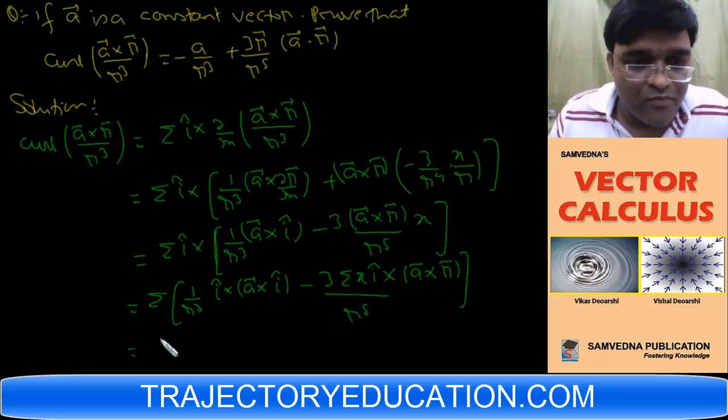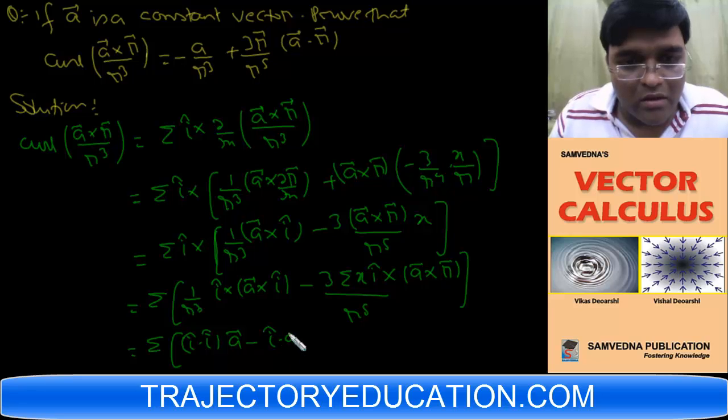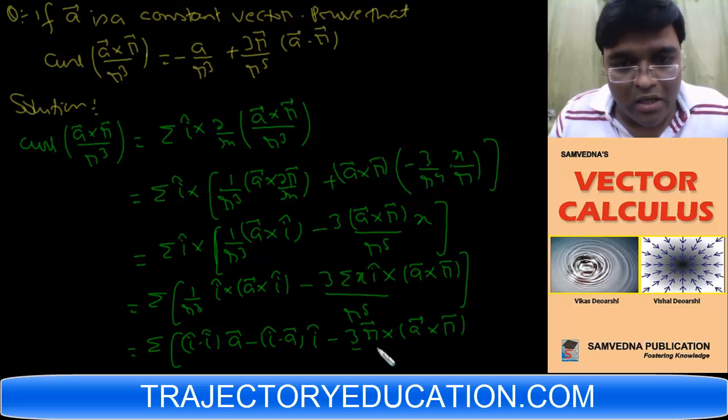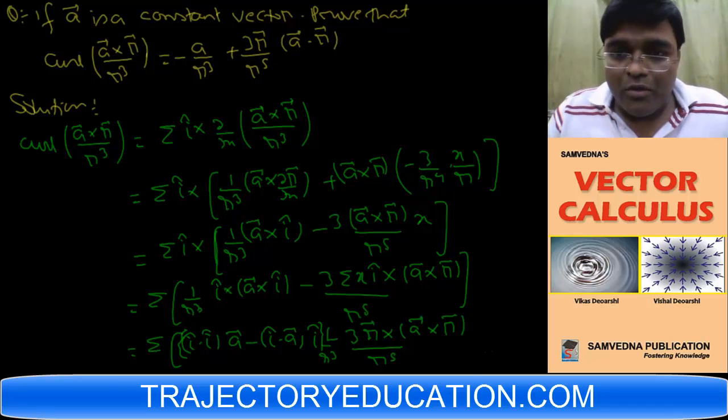So finally what you get is Σ i×(i×A) minus 3 R×(A×R)/R⁵, and so this will be 1/R³ also. Alright, I hope you understand.